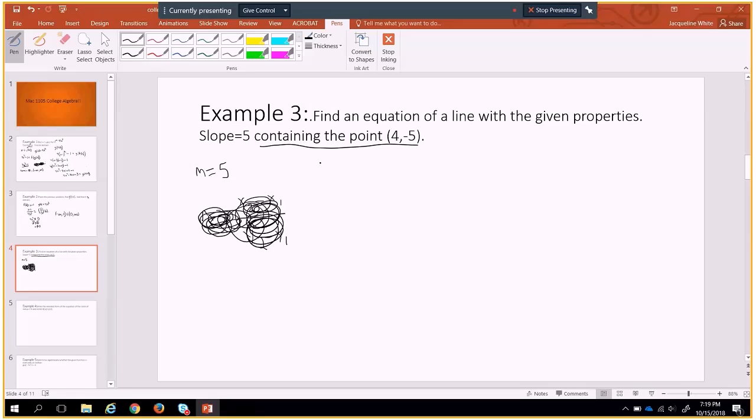If we have the slope and a point, then all we have to do is look at our handy point slope formula: y minus y1 is equal to m times x minus x1.